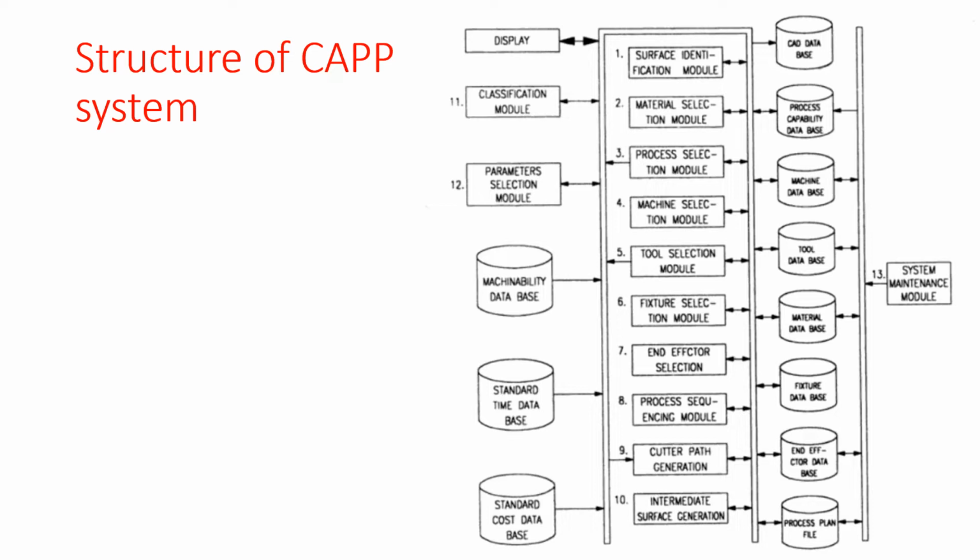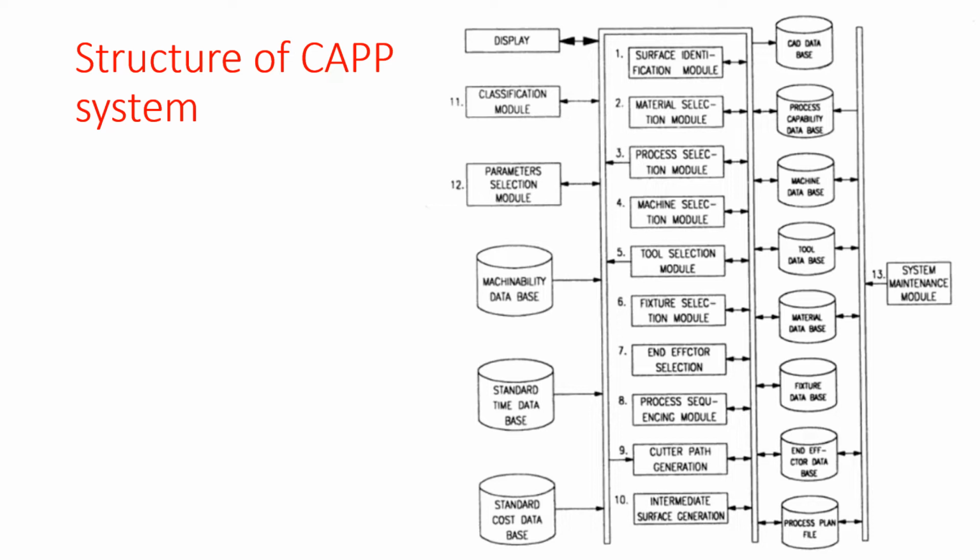These modules are not necessarily arranged in proper sequence, but can be based on importance or decision sequence. Each module here may require execution several times in order to obtain an optimal process plan.